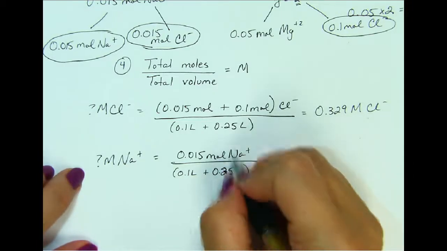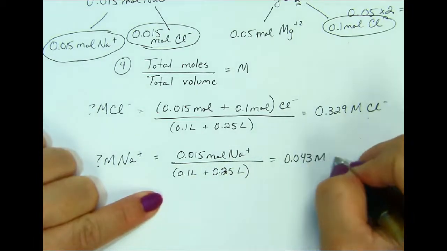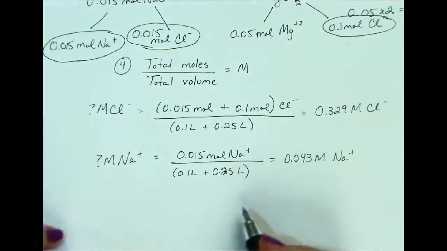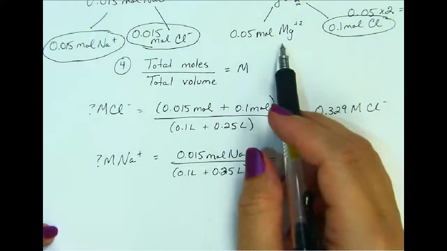And when you do this math here, you get 0.043 molar sodium ions. And then if we wanted to, we could go one more step and we could figure out the molarity of the magnesium.